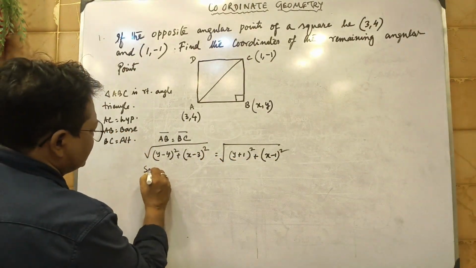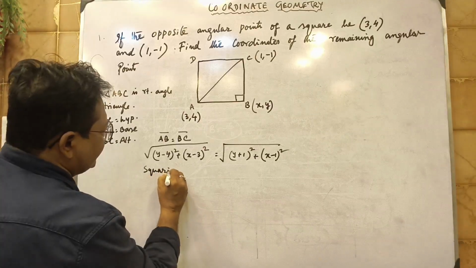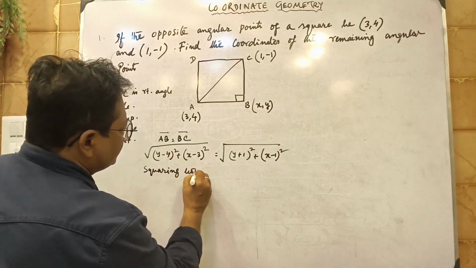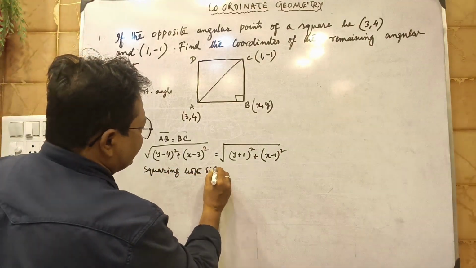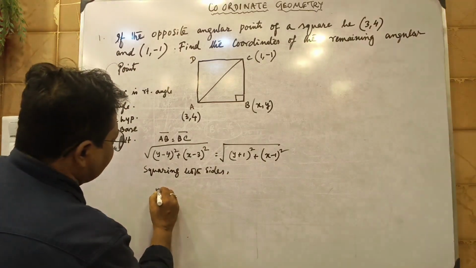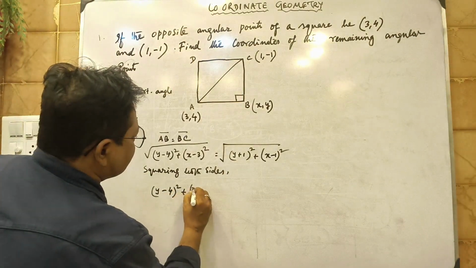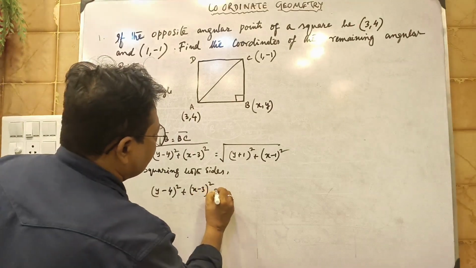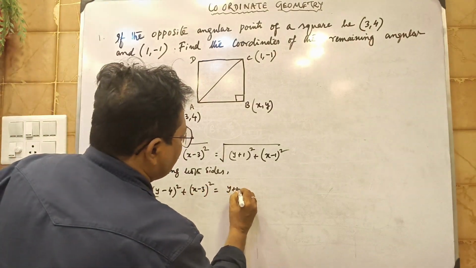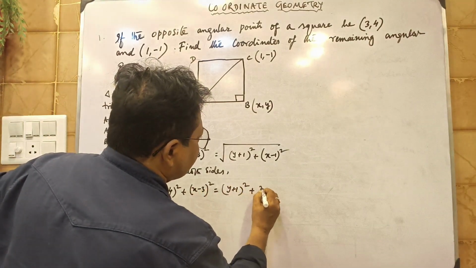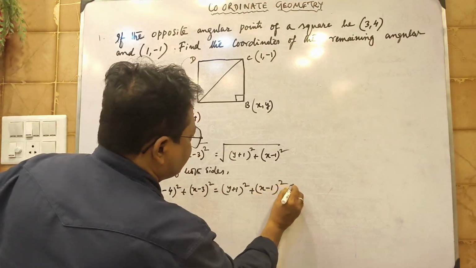Squaring both sides, we get y minus 4 whole square plus x minus 3 whole square equal to y plus 1 whole square plus x minus 1 whole square.